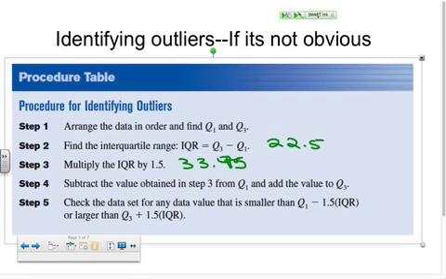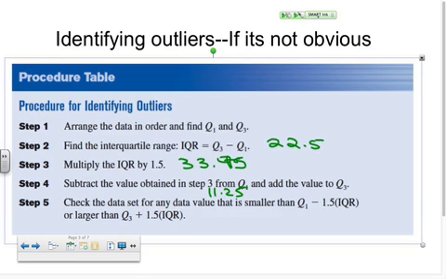And then subtract. Okay, so we're going to subtract Q1 from this value. So 33.75 minus 22.5, which is 11.25.